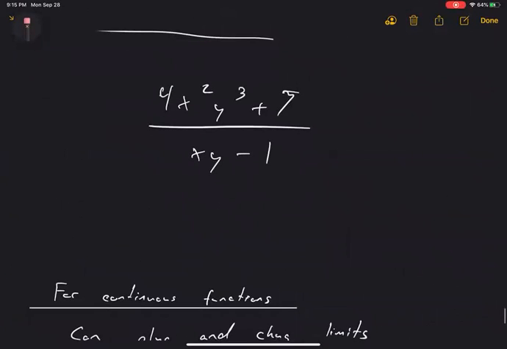As long as we're working in the domain of this, it's going to be continuous. So these rational functions of multiple variables are continuous on their domains.